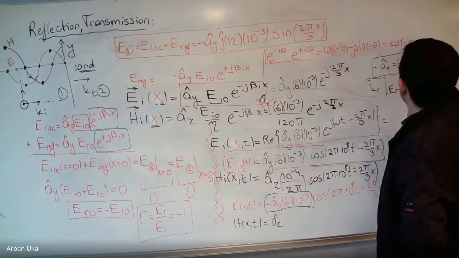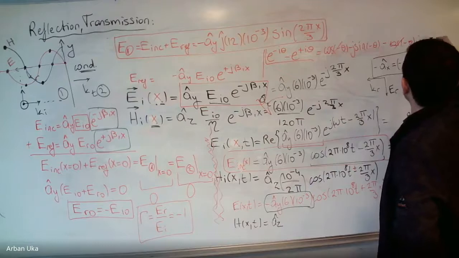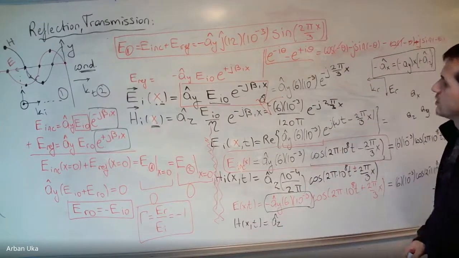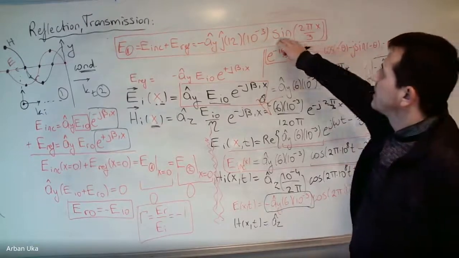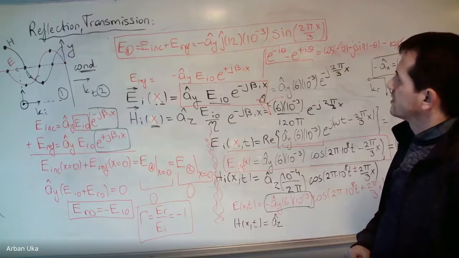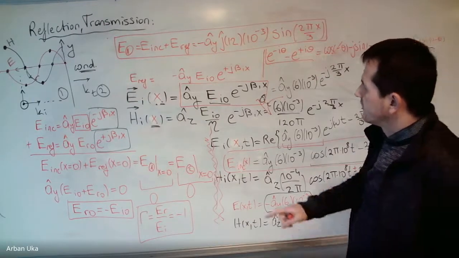Minus j sine theta. Okay, so this is where we get this. Finally, this is the electric field in the first medium. For the second medium, all we do is that we have to add.